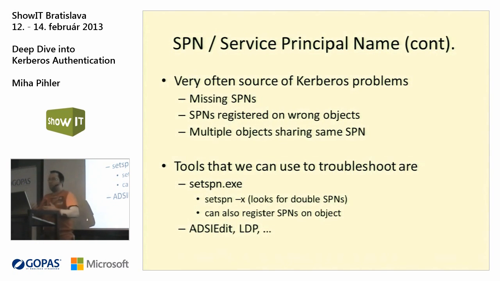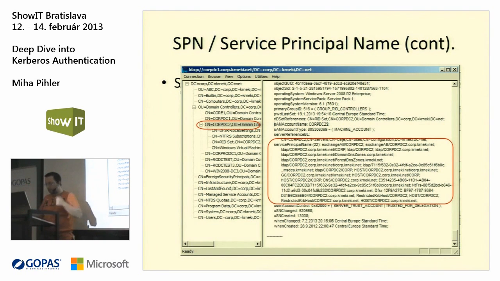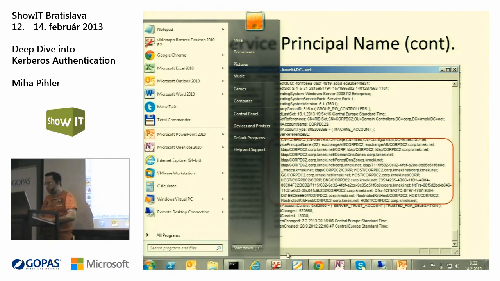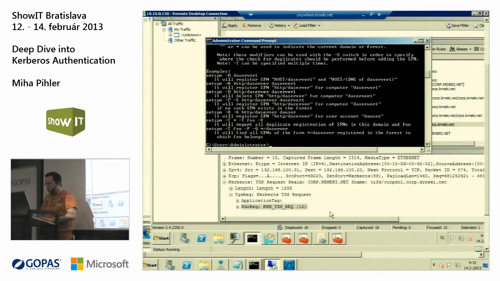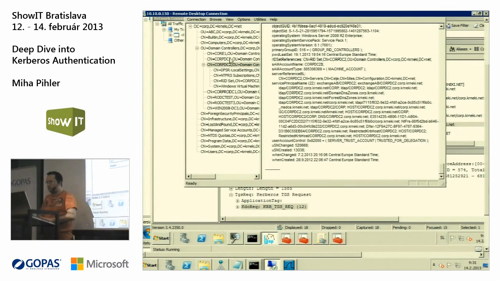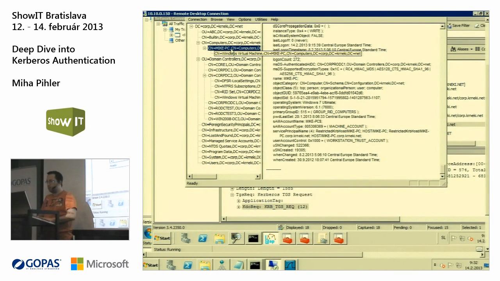So, okay, let's go a bit forward. Here are some SPNs registered on the objects. I will actually show this here. How can I find them? Well, I go to the domain controller or any computer object. Let's say I go under Computers, my computer. My computer actually has a registered SPN name.